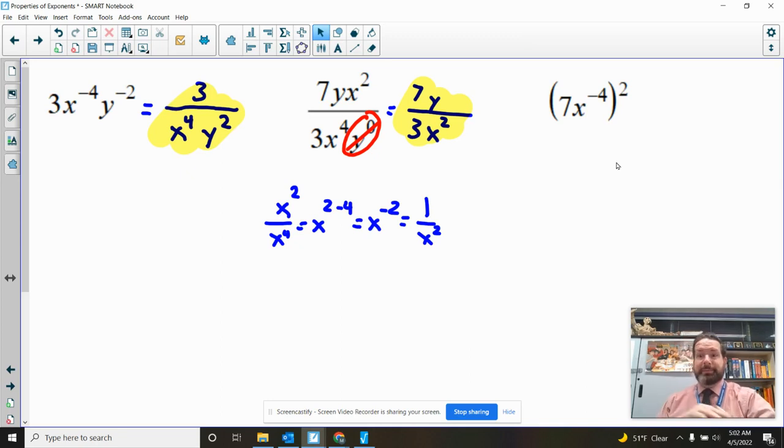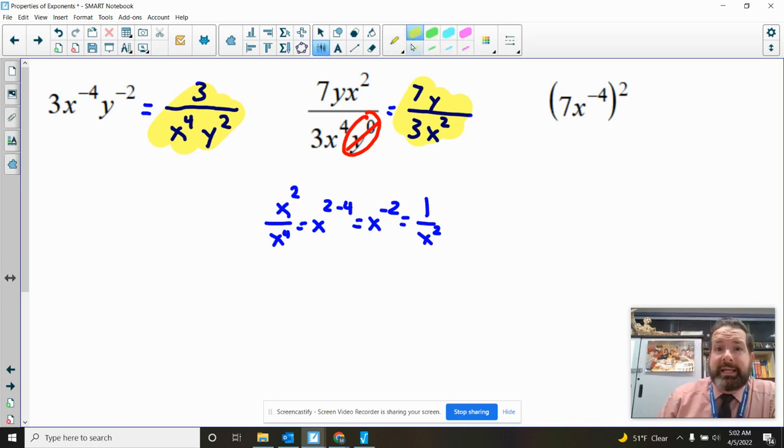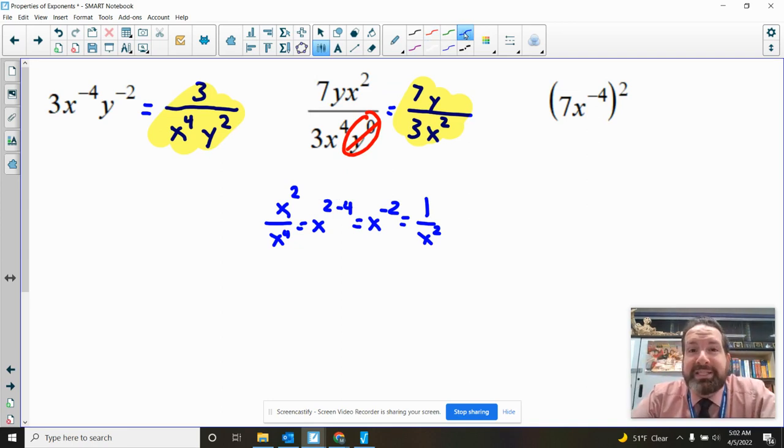Now for this very last one. Here's the thing. Even the best, brightest students I've ever had make a mistake here sometimes. So be very careful. Remember that a number that doesn't have an exponent written really does have a little imaginary exponent, right? It's got that little 1 up there.